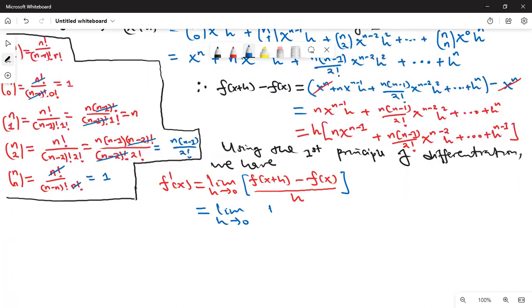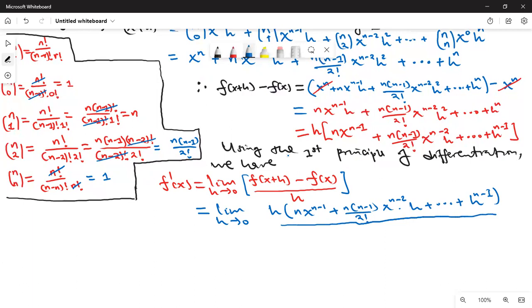In the numerator, we found h times n x raised to n minus 1 plus n times n minus 1 over 2 factorial x raised to n minus 2 times h plus so many other higher powers of h up to h raised to n minus 1. That's what we have in the numerator. Denominator, we have h, so we are dividing by h.